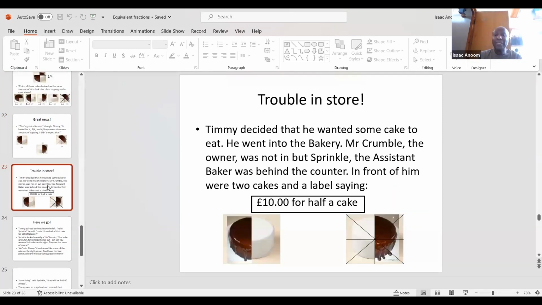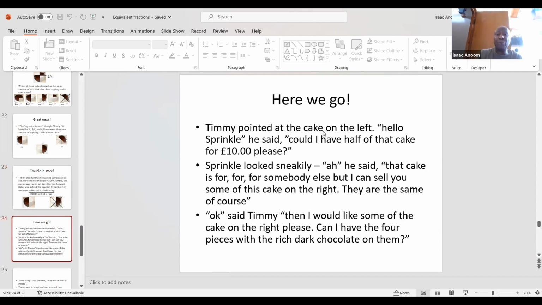Trouble in store. Timmy decided that he wanted some cake to eat. He went into the bakery. Mr. Crumble, the owner, was not in, but Sprinkle, the assistant baker, was behind the counter, and in front of him were 2 cakes and a label saying £10 for half a cake. Okay, here we go. Timmy pointed at the cake on the left.